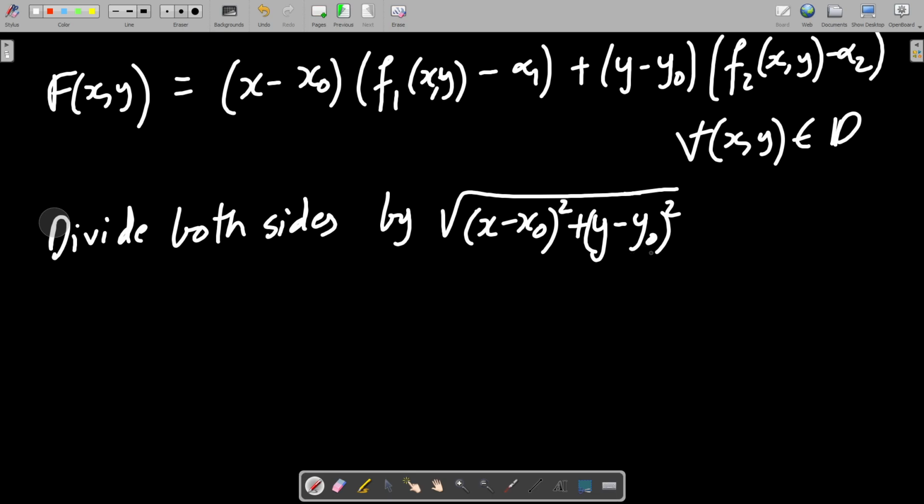Divide both sides by this expression. Why am I doing that? Because I have to take limit of f upon this, right, as x tends to x naught y naught.